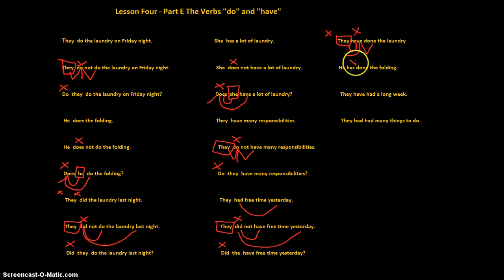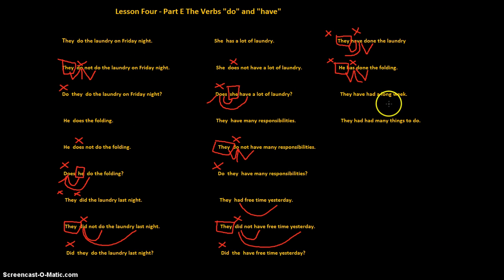He has done the laundry. Has he done the laundry? The subject is he. Has, the X word ties with the subject. Has ties with the present, and has ties with the DTN form done.